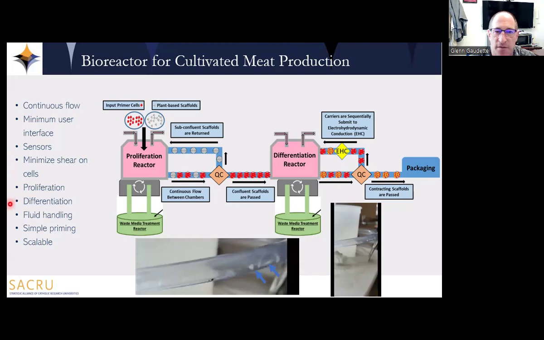How much do we want to differentiate them? How do we handle the fluid? How do we get it to go from the proliferation reactor through the quality control checkpoint into the differentiation reactor? How do we prime this? Is it scalable? Those are just some of the questions we need to think about as we think about bioreactors.